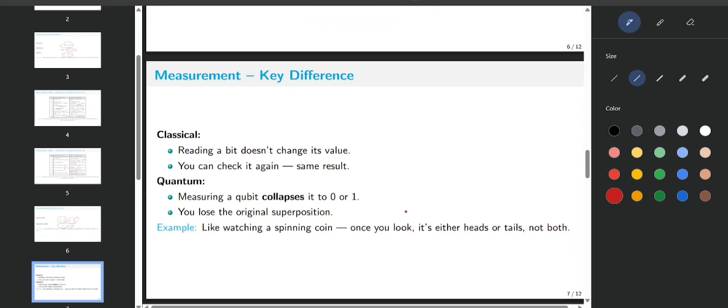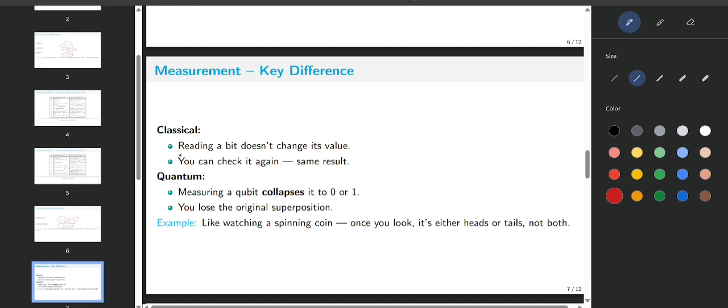In a classical bit, if you check it, it says the same, either 0 or 1. But in quantum computers, when you try to measure a qubit, it collapses to either 0 or 1. That is not a small difference, that is a big difference.